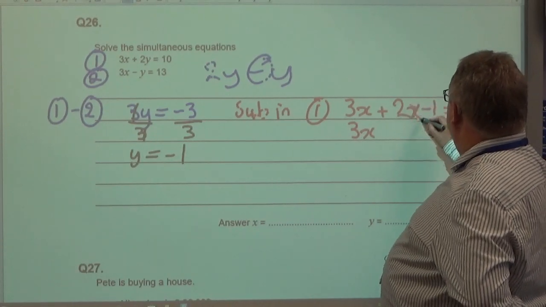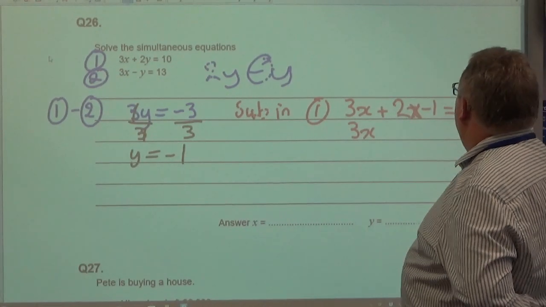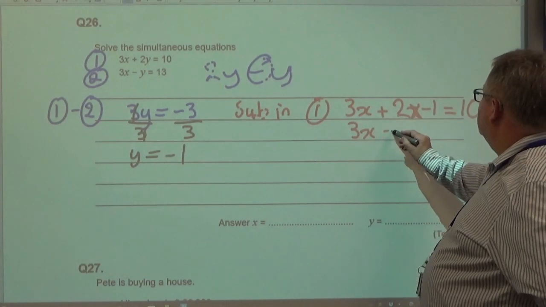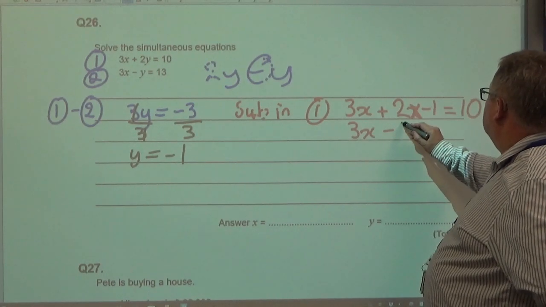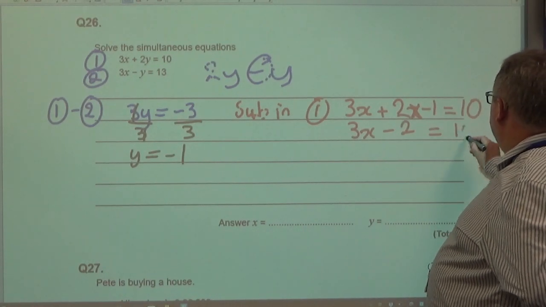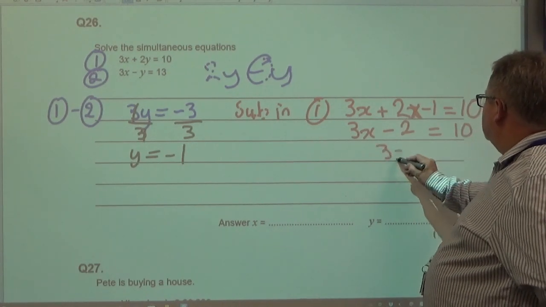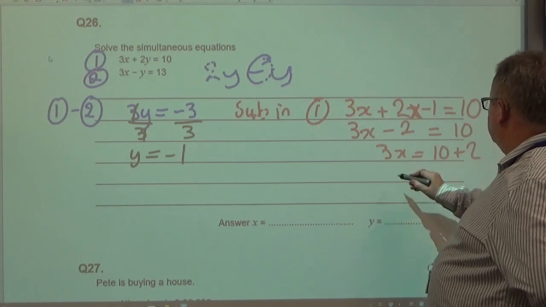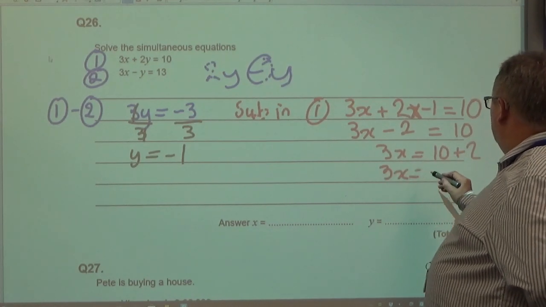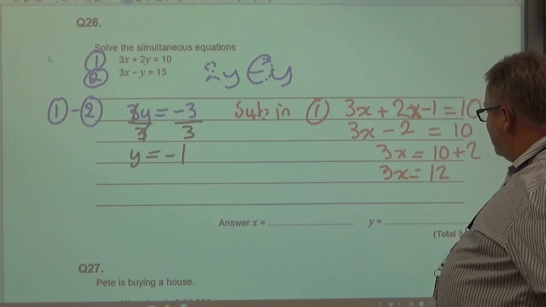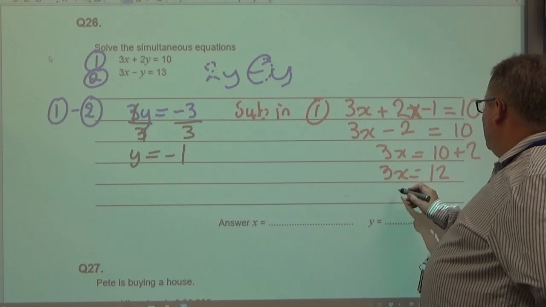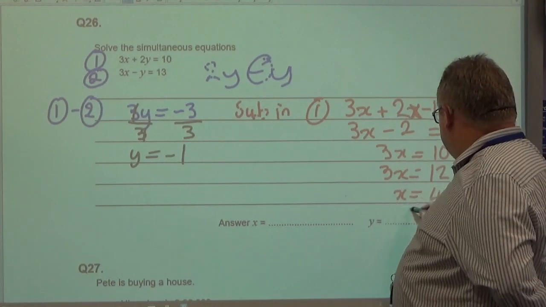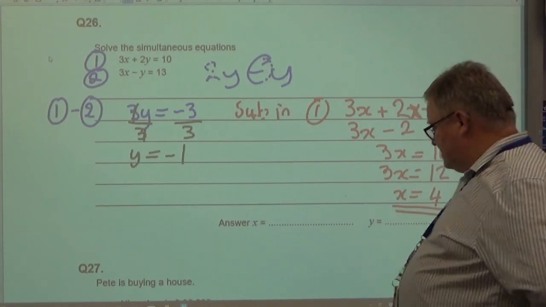Oh, sorry, that's times, of course. So 3x plus 2 times negative 1, so minus 2, equals 10, and then 3x equals 10 plus 2 as that goes over the equal sign. So 3x equals 12, and then we divide through by 3, so x should equal 4. So what we're saying is x is 4 and y is minus 1.